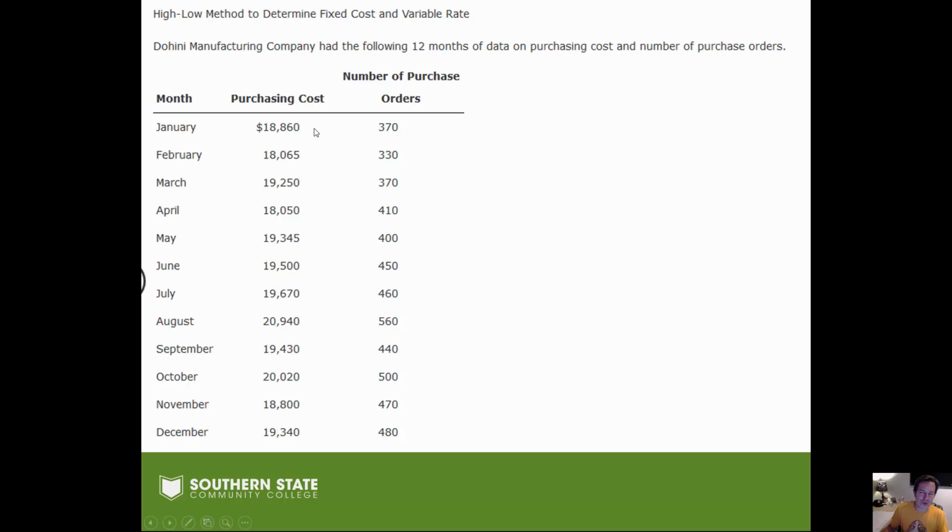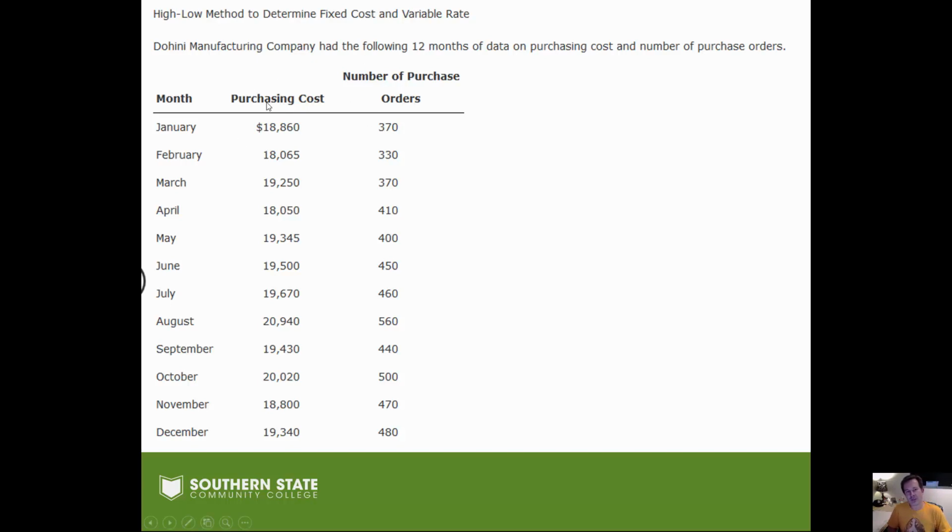We just have a total number here. We have a total number for purchasing cost every month. We've determined that what is driving that cost is the number of POs. Every time a PO is generated, that costs money and it begins that whole purchasing process. So we've identified our driver and we have a total amount.